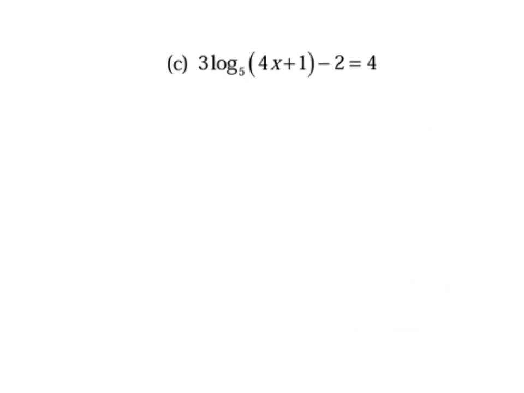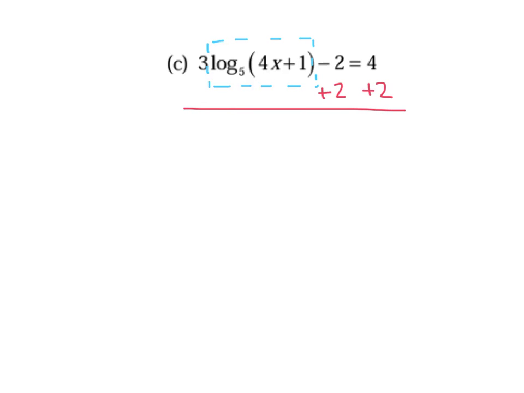Our third example is the first one where we really have to do any work to get it isolated. And what I want you to do is visualize, and we can do a dotted box around this portion right here. This is the part that I want to try to isolate. So essentially, before I get it isolated, I'm going to have to add this 2 over to both sides.